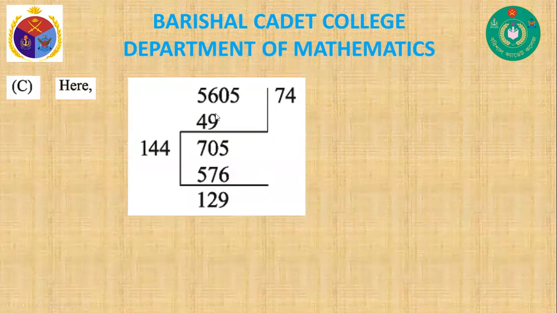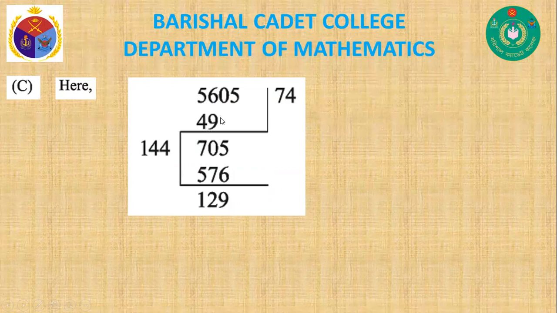We know that the greatest perfect square number which is less than 56 is 49, and the square root of 49 is 7. So I have taken here 7. 7 square equals 49. The double of 7 is 14, and if we subtract 49 from 56, we get 7. Again, I have taken the pair 05, so the total number is 705.